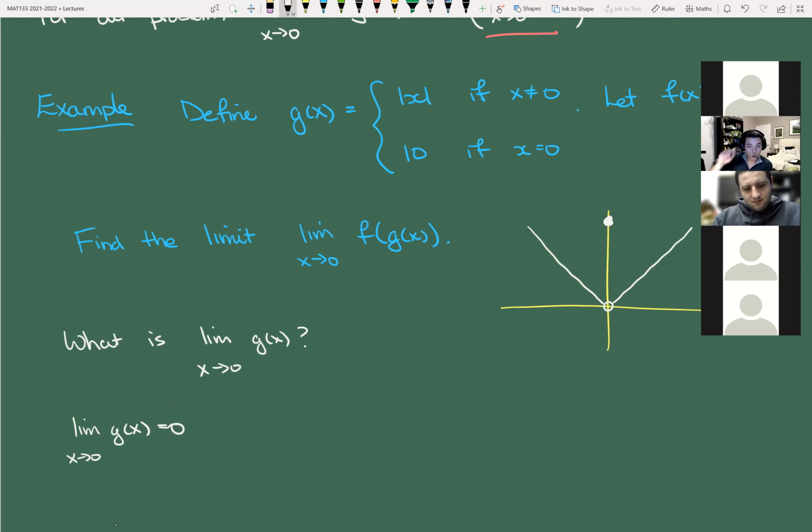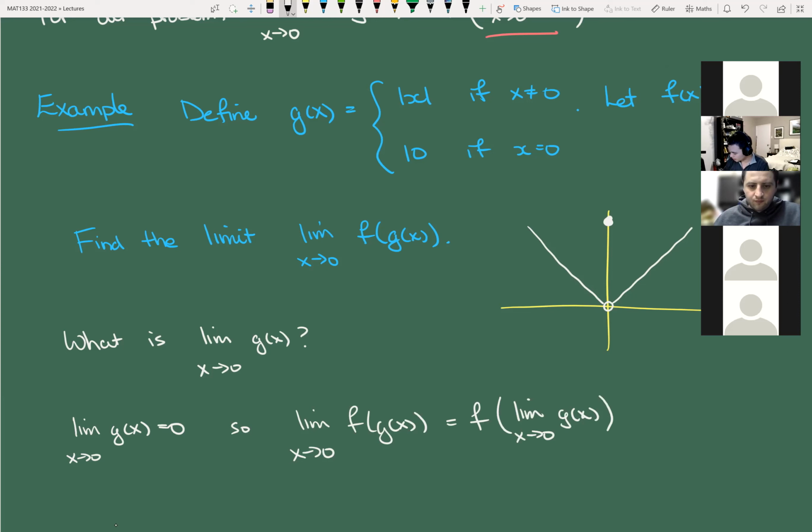According to the work that we just did, the limit as x approaches 0 of f of g of x is f of the limit as x approaches 0 of g of x. We just said that was 0.